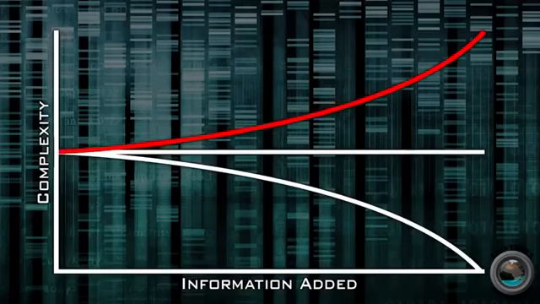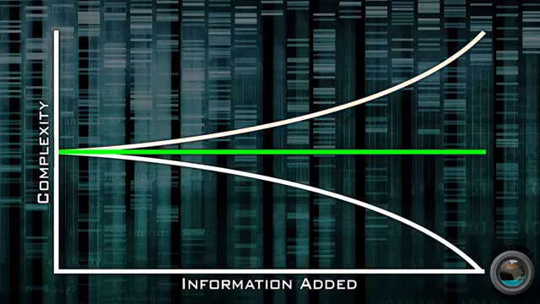Now, when we look at these graphs, we know that the creation of new information has never once been observed, tested, or proven even possible. The horizontal line accurately depicts no information being added or lost, while still creating variations within the same kind of animal. The downward slope, as I described, explains the loss of genetic information. Now, the thing with this is, you can't continue losing genetic information and still see beneficial mutations.